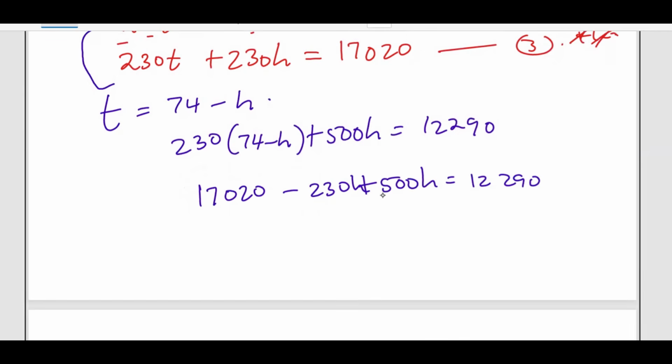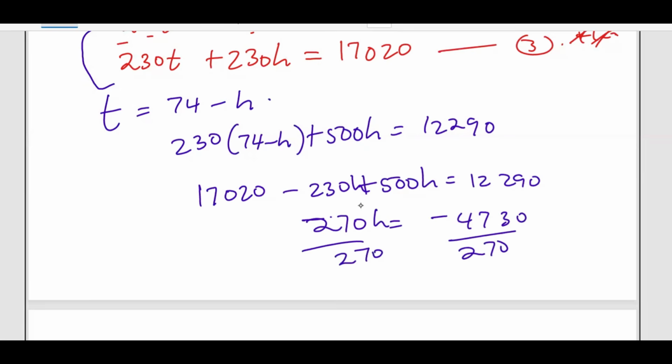Okay, when I subtract this, it's going to give me 270H, since 500 minus 230 is 270. Then 12,290, we're subtracting 17,020, gives me negative 4,730, which means there's something wrong with this question, because there's no way on earth we can get a negative number of bags.